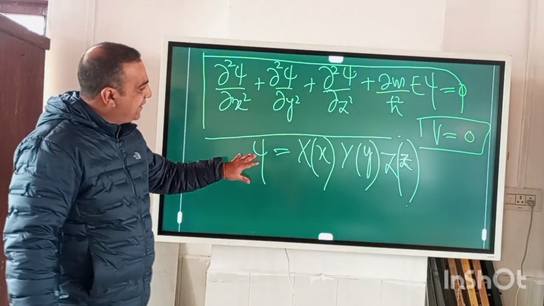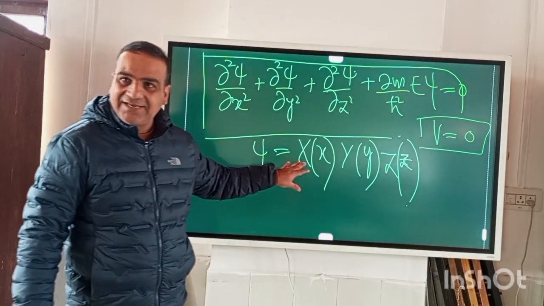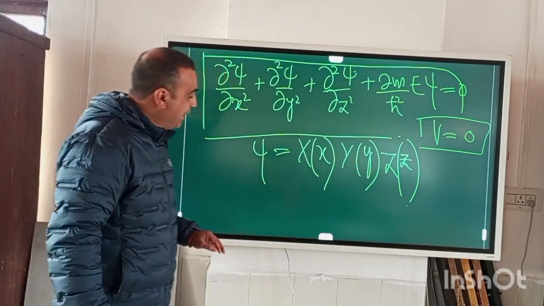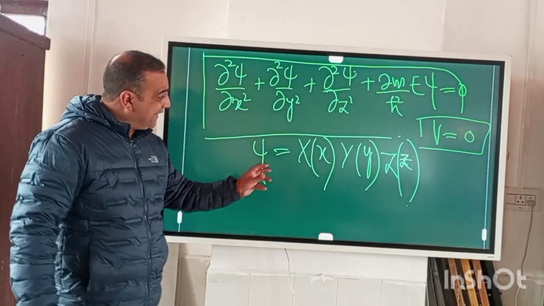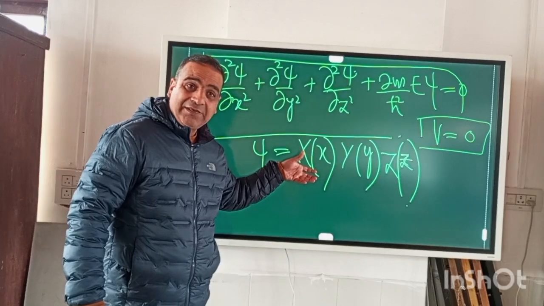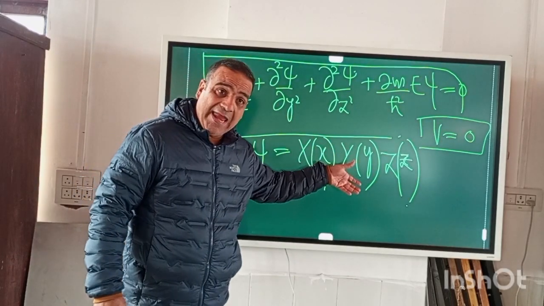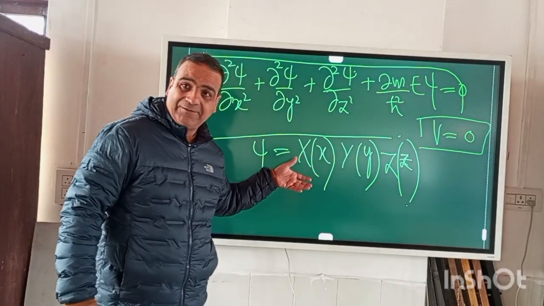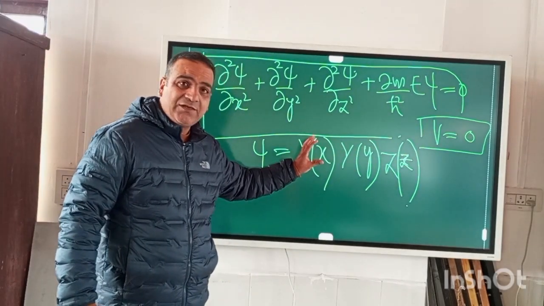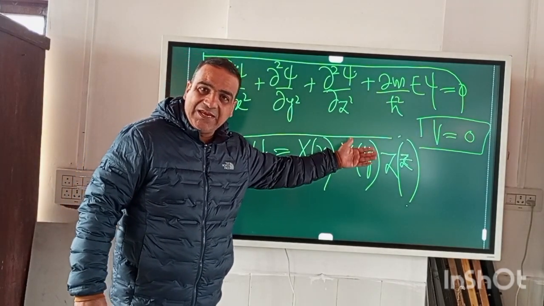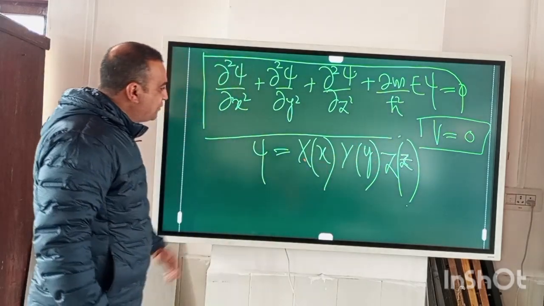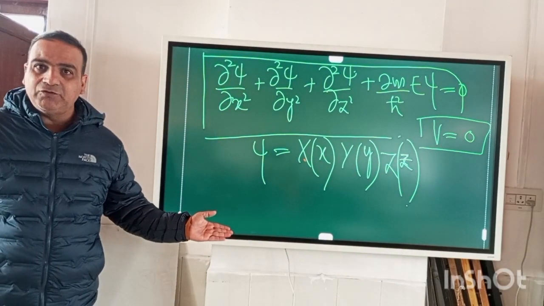So ψ has a dependence on x, it has a dependence on y, and it has a dependence on z. But what is important here is that this X(x) does not depend on y, and Y(y) does not depend on z and x. So for X(x), y and z will act as constants. Getting my point? Okay. So now I can write down the double derivative directly.